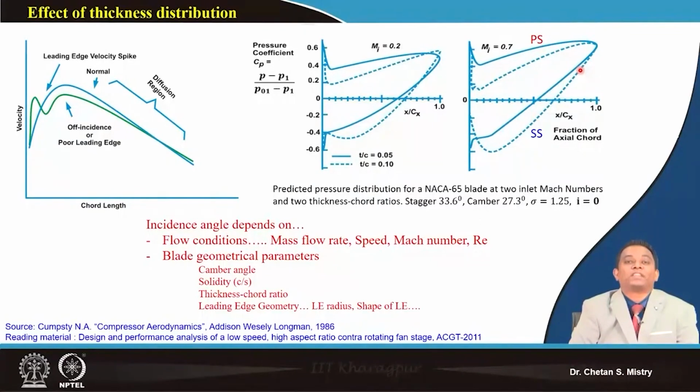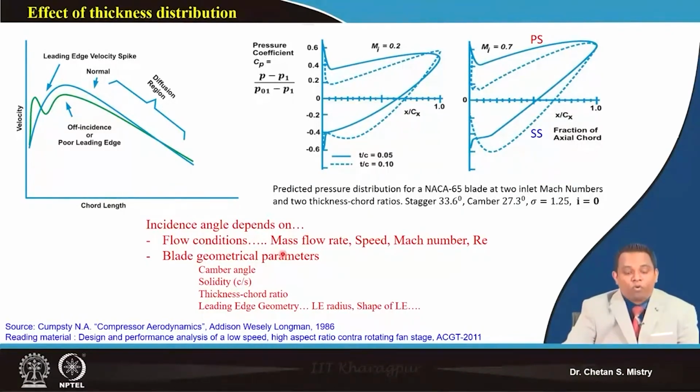Under that configuration it will be very sensitive to the change of incidence. So it may work fine for design condition, but when we move towards off design condition it may not work fine.